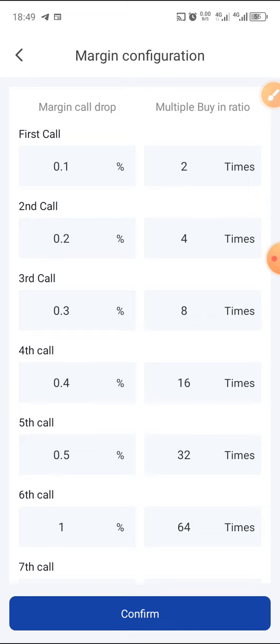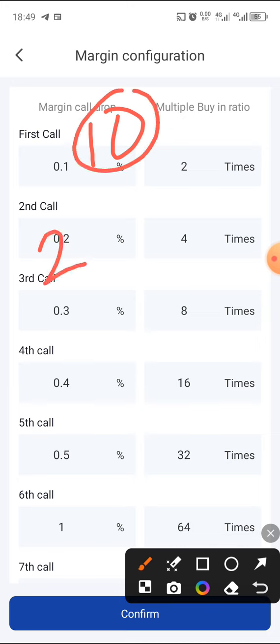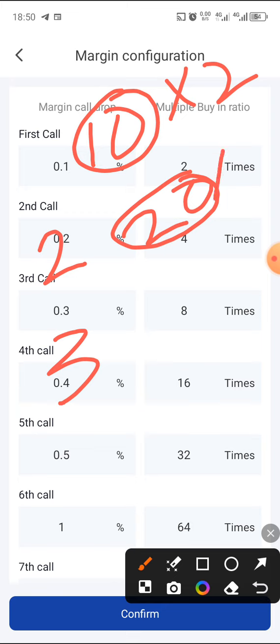The double up method means that if the robot on your first margin call puts in $10, the second margin call will multiply the first margin call amount times 2, giving you $20 on the second margin call. And on the third margin call, it will double up the amount put in the second margin call. So it will be 20 times 2, giving you 40.